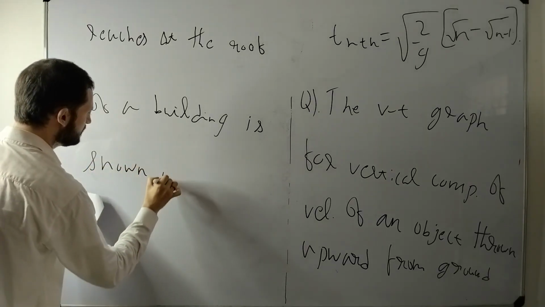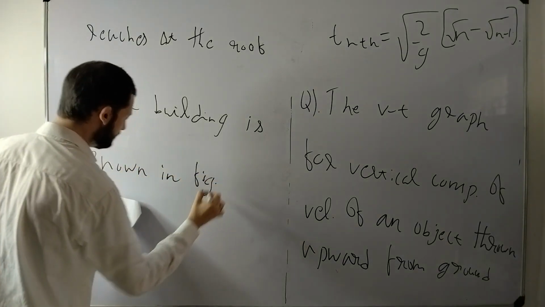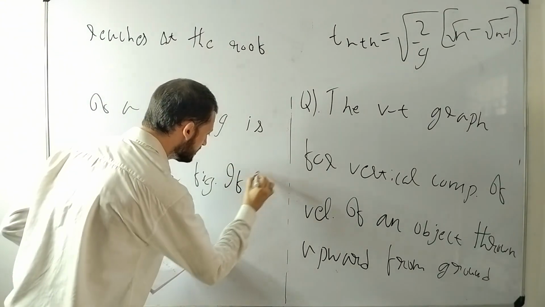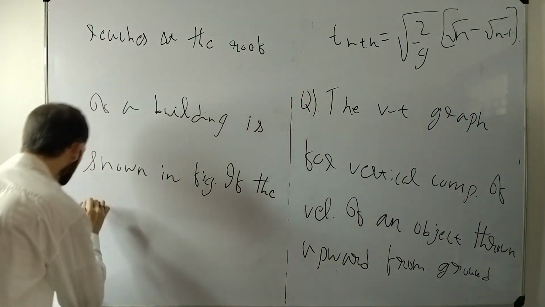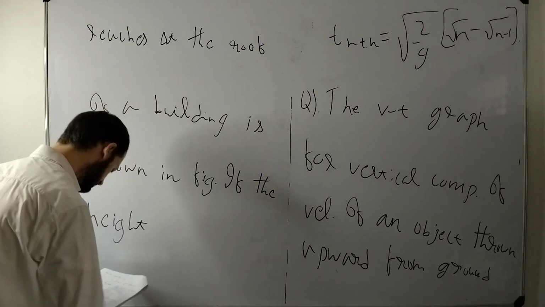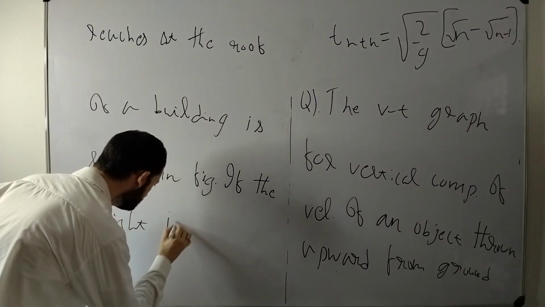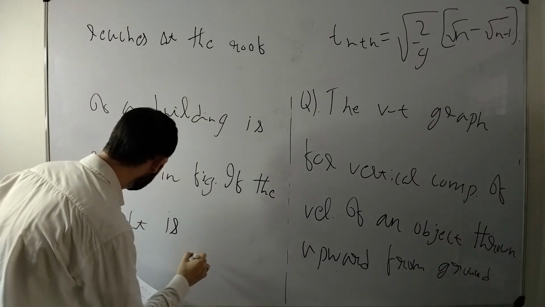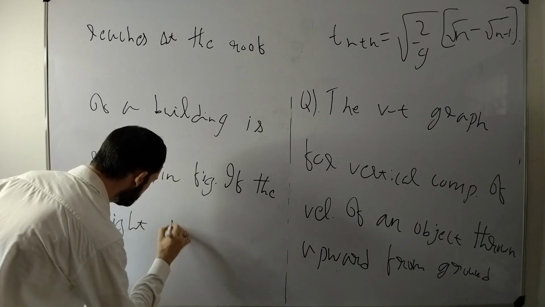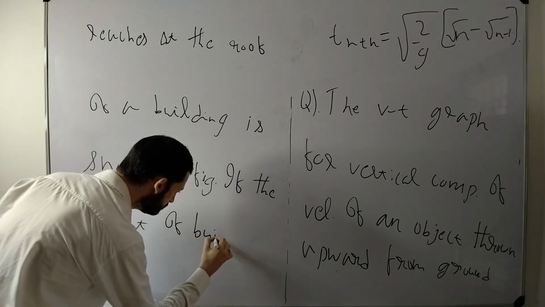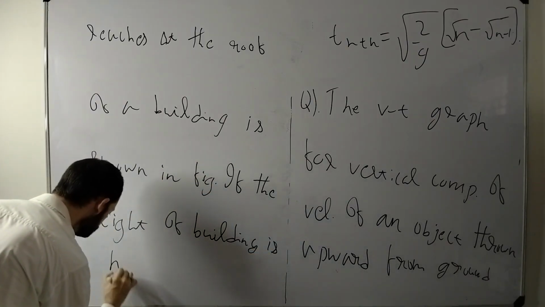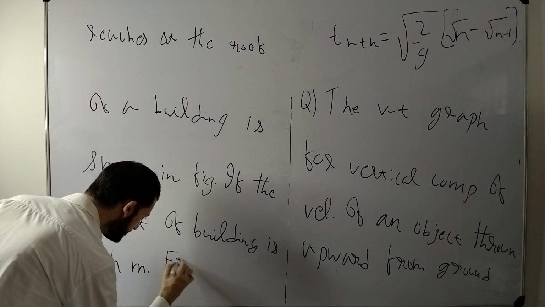It is shown in the figure. If the height of the building is h meter, find h by 5.